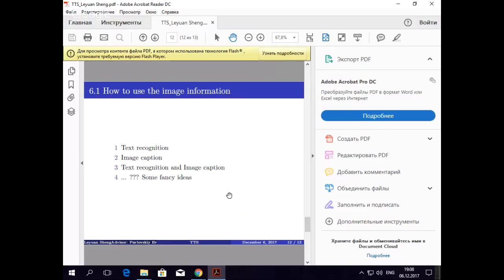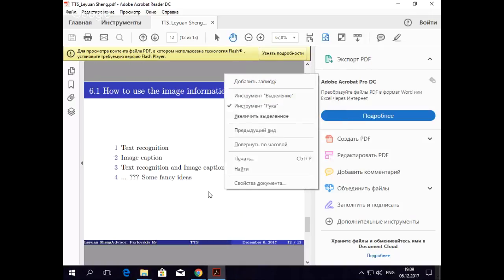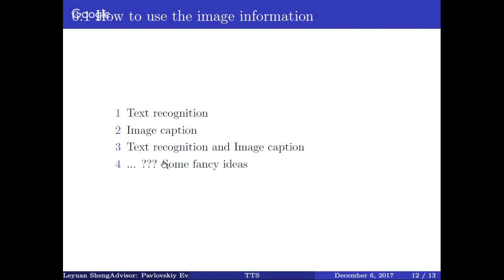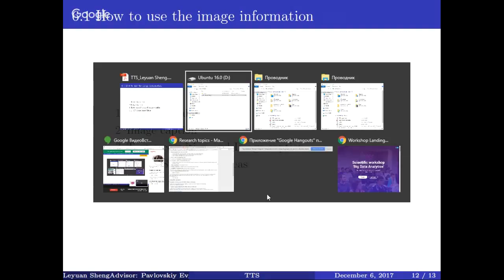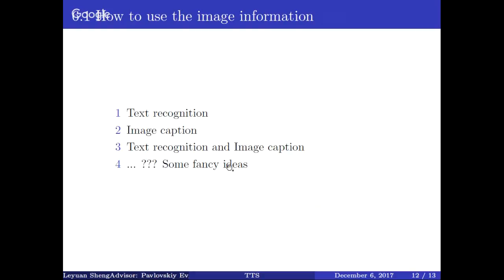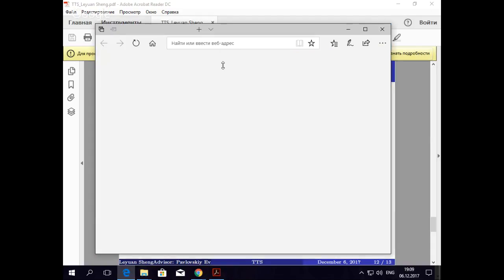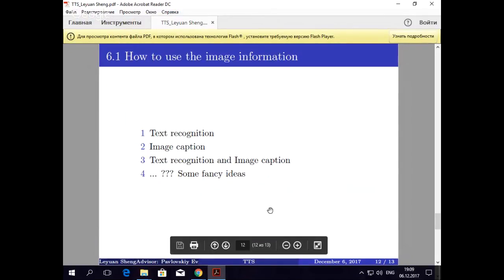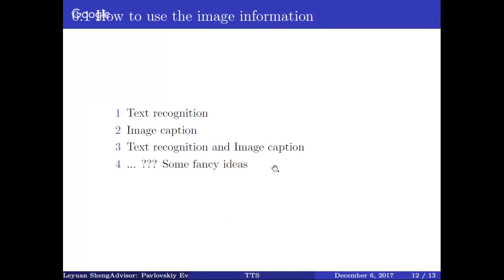Oh, I can try to search. Where is the cursor?